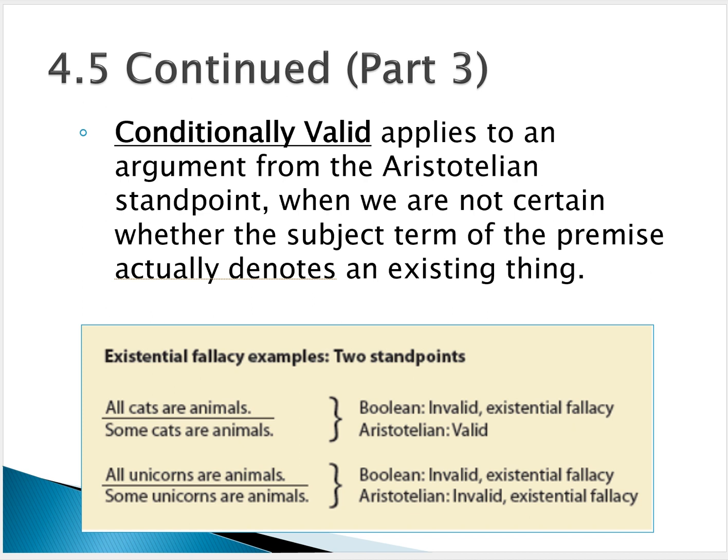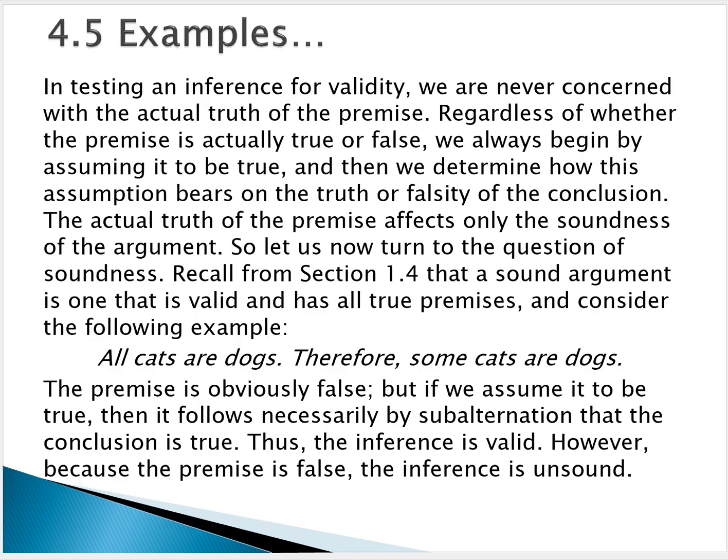But Aristotle would say it's valid because we know cats exist, right? All unicorns are animals, therefore some unicorns are animals. Boolean, again, it's still invalid because of the existential fallacy. Aristotle would say it's invalid because we know unicorns don't exist. So you have to keep in mind which standpoint you're looking at it from.